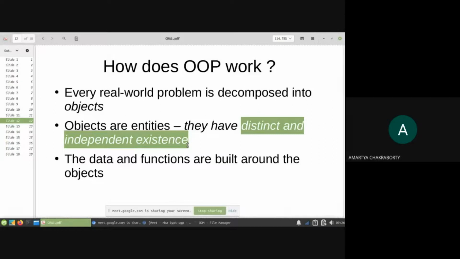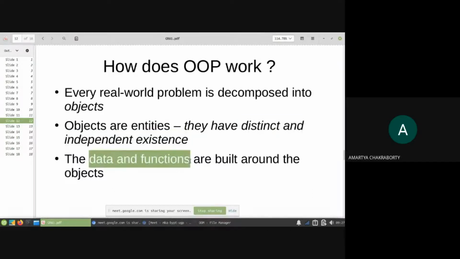Each and every object in this universe, in real life, has a distinct and independent existence. It is not dependent on any other object. Similarly, in the very same way, in object oriented programming, we can work with real world objects, and we also call them objects. And each of these objects consists of related data and functions.